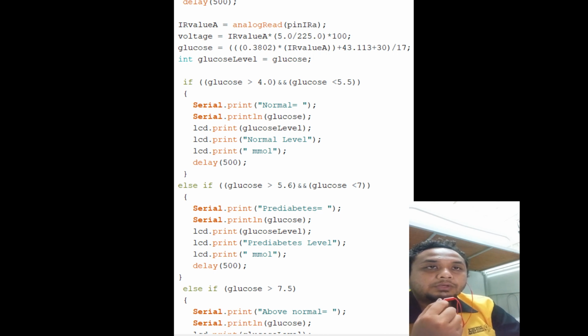So we get the glucose. This is just a constant number, and we must divide by 18 because we want to get the millimole unit. If we don't divide it, we will get milligrams.